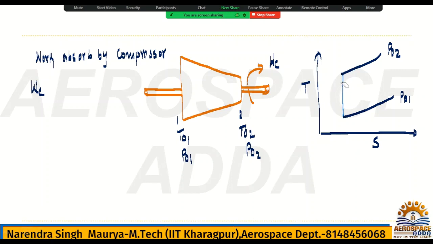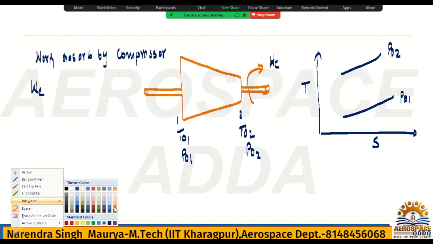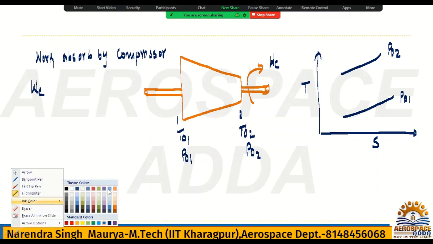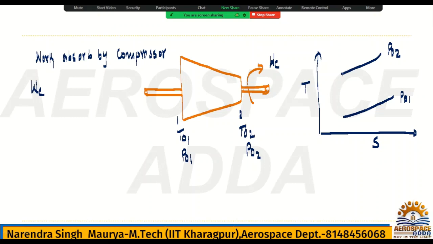Isentropic means entropy must be constant, so it should be a straight line, like this is the straight line. It means it is isentropic, and the actual will have increasing entropy. See, entropy is increasing here.